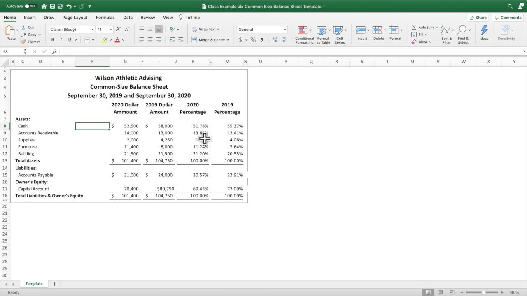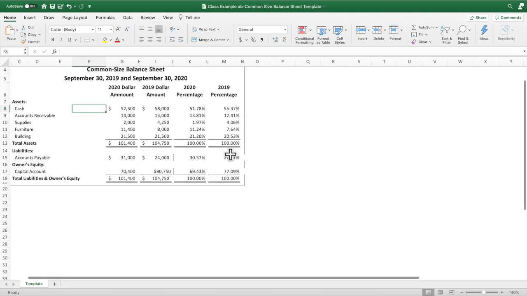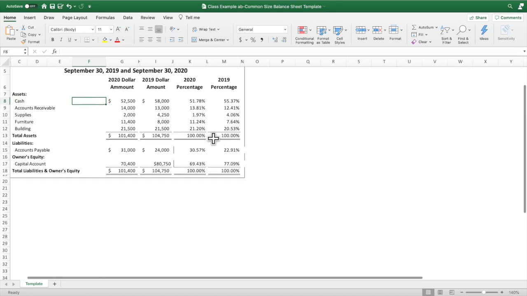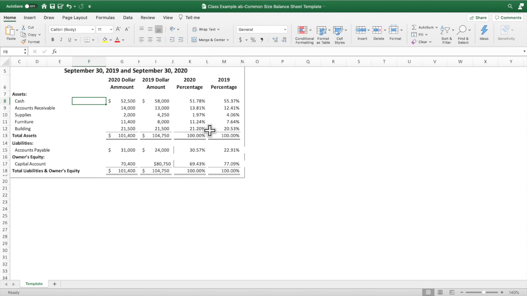So we're owed a little more in 2020 than we were in 2019. Supplies were at 1.97% in 2020, and they were at 4% in 2019. So we have less supplies. Furniture accounted for 11%. So we gained some furniture in 2020 that we didn't have in 2019.